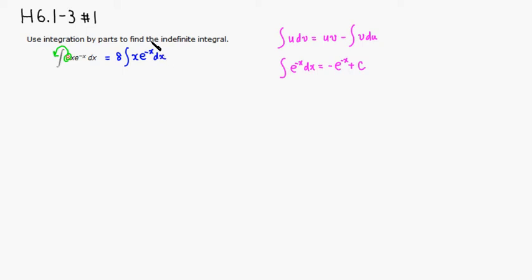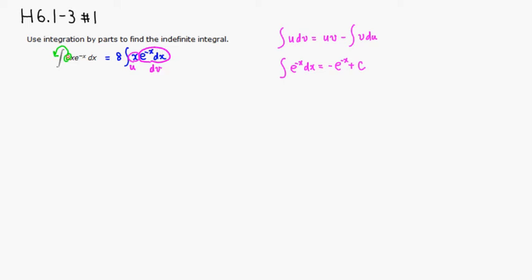The next step is to find the u and the dv. My choice would be to choose x to be u, then the rest of it would be dv.